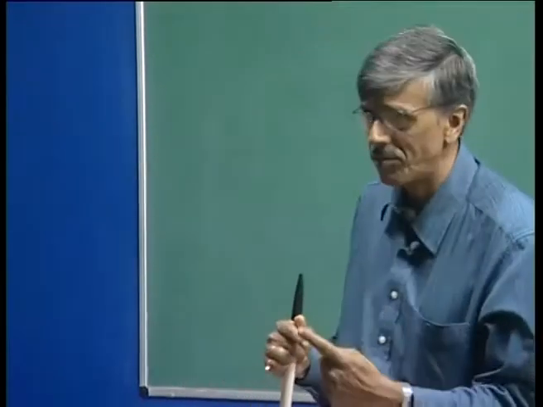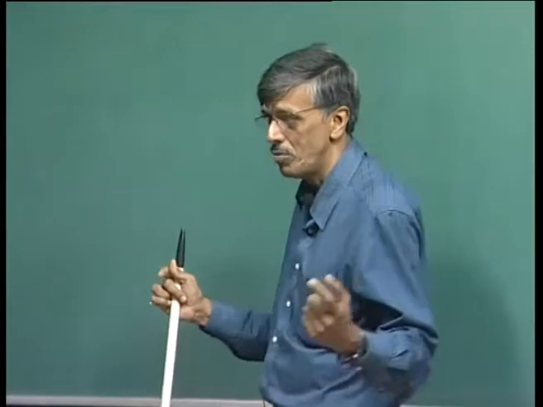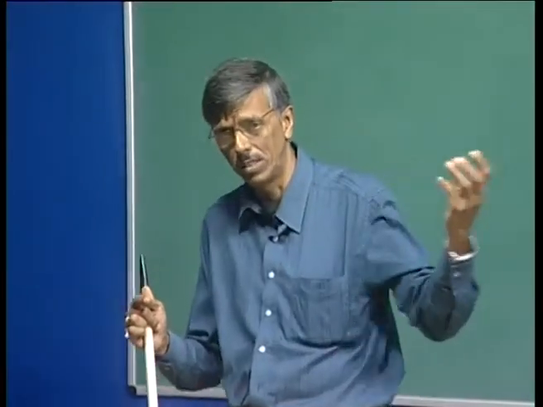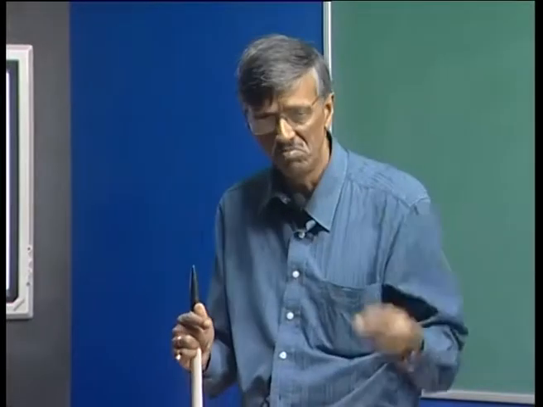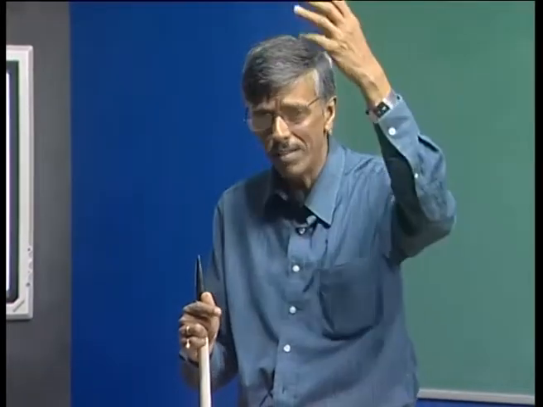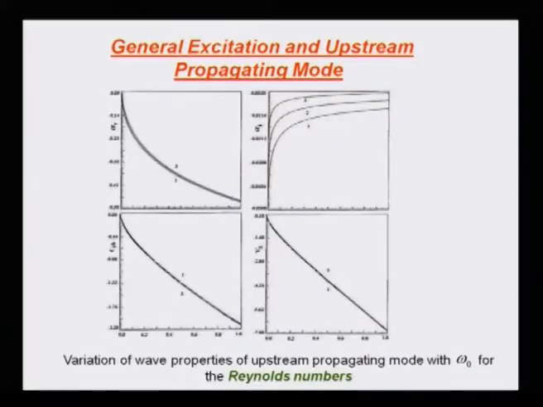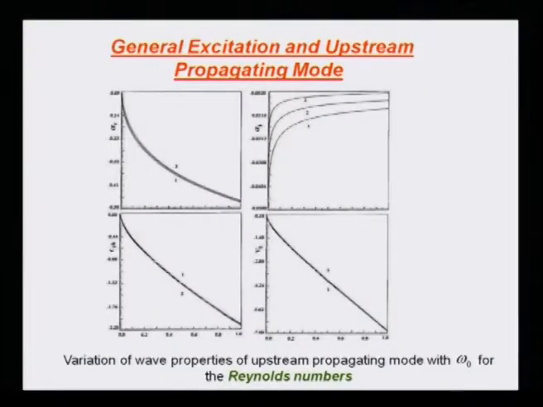So, if I am looking at a tunnel with a dirty flow, then those discrete vortices going over the plate would give rise to some of these modes. And you can actually see the various values of phase speed and group velocity will tell you they are indeed upstream propagating.